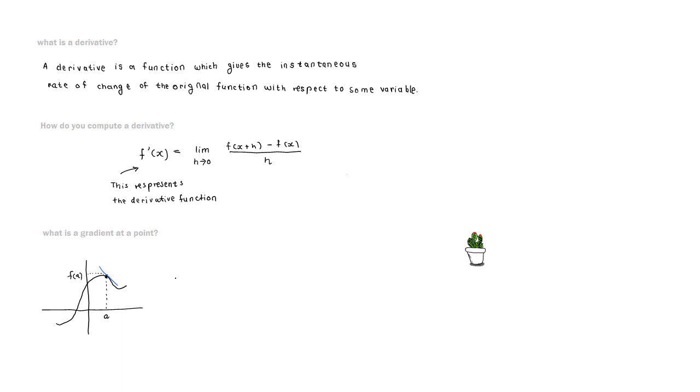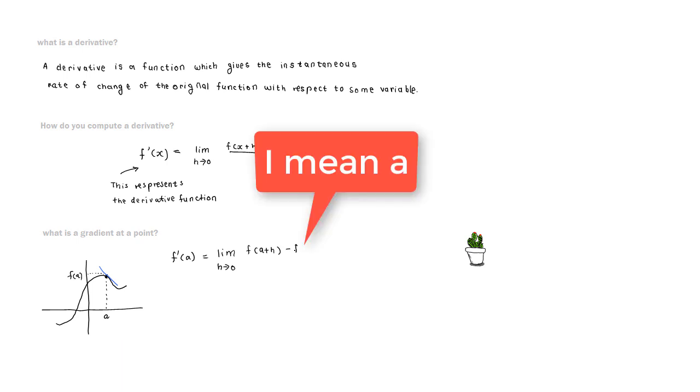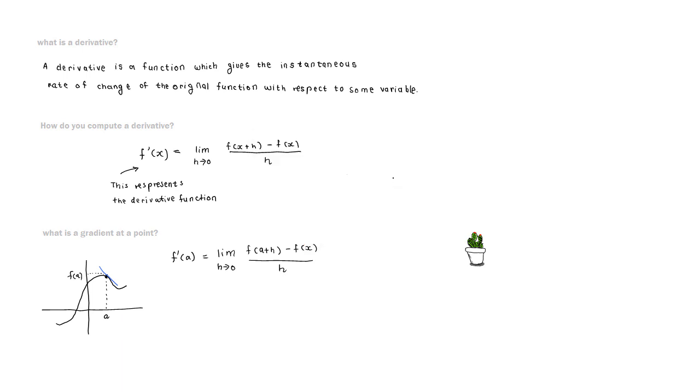So when you are looking at a given point, f prime of a is equal to the limit as h tends to 0 of f of a plus h minus f of a all divided by h. That's the 3 key questions that we are going to take into our future videos.